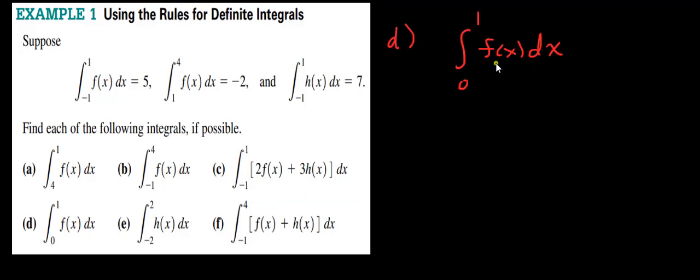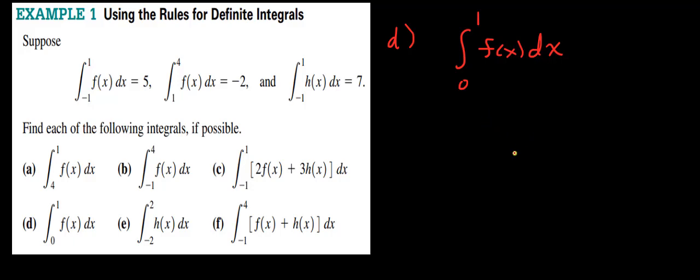Okay, what about the integral of f of x from 0 to 1, which is part D? From the given information, this is not possible to evaluate. We need more information to evaluate the integral of f of x from 0 to 1.